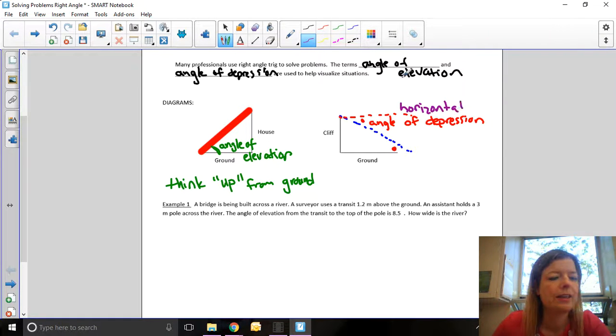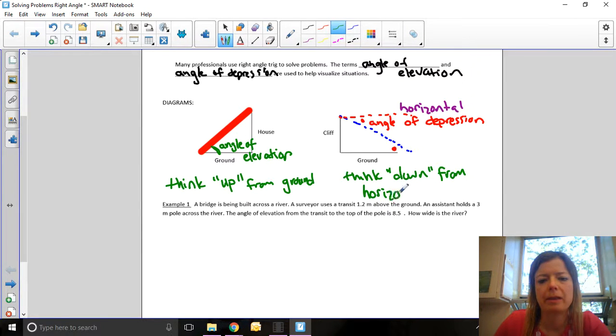So you think down from the horizontal. Think down from horizontal. So it's not the distance from the vertical, it's down from the horizontal. And then using the Z pattern, that's the same as this angle there.